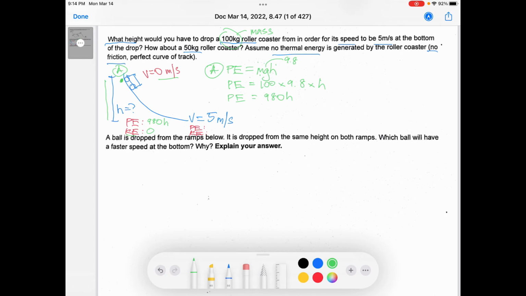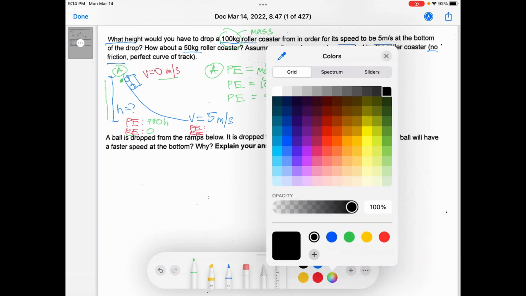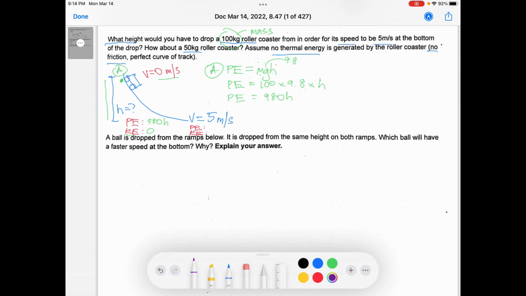Okay, so now let's look at point B. Let's make this point B at the bottom of the slope. At point B, now at the bottom of the slope, the height of the roller coaster is 0 meters.